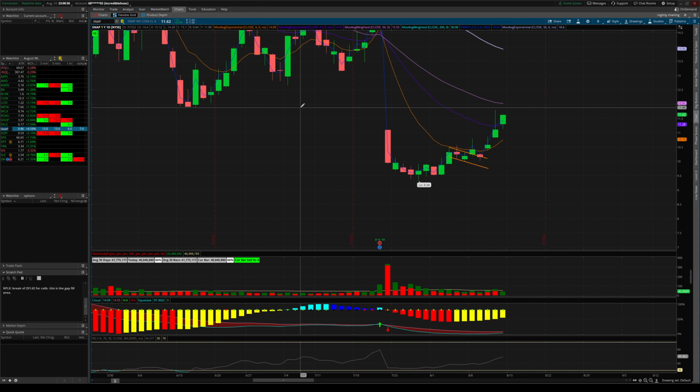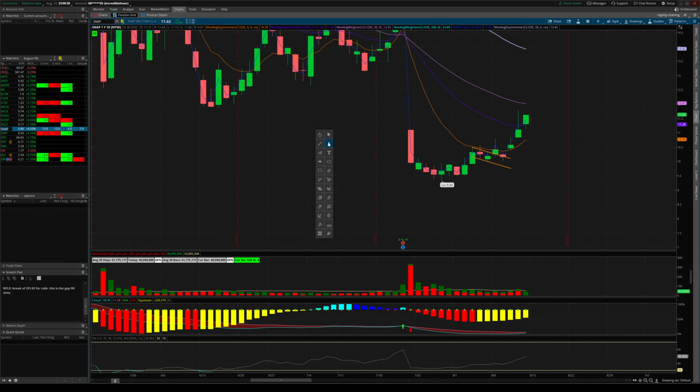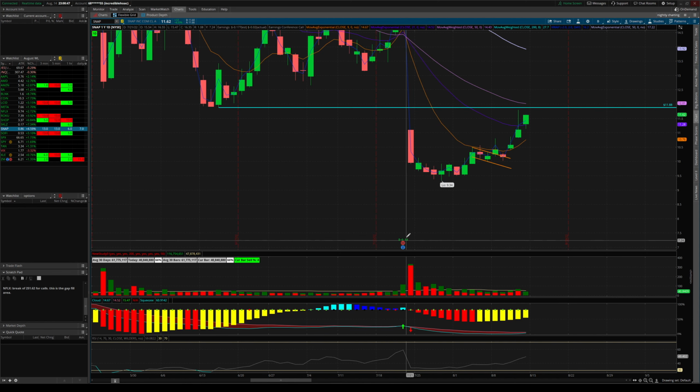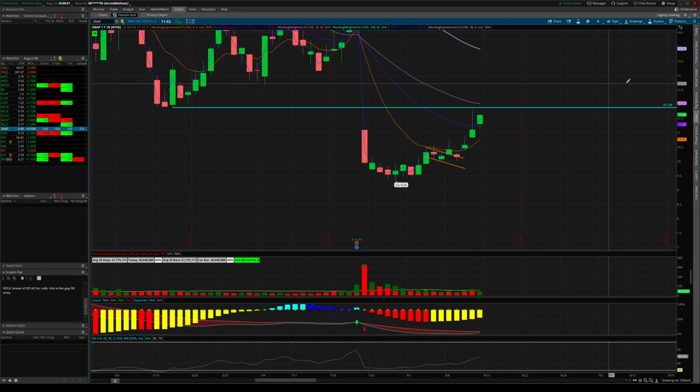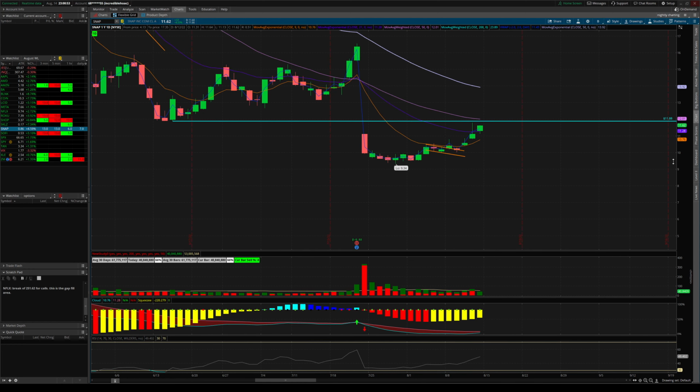So let me mark some of these key levels here. We have this lower low down here, right? That's where it looks like it's rejecting. But outside of that, we have this large gap fill.